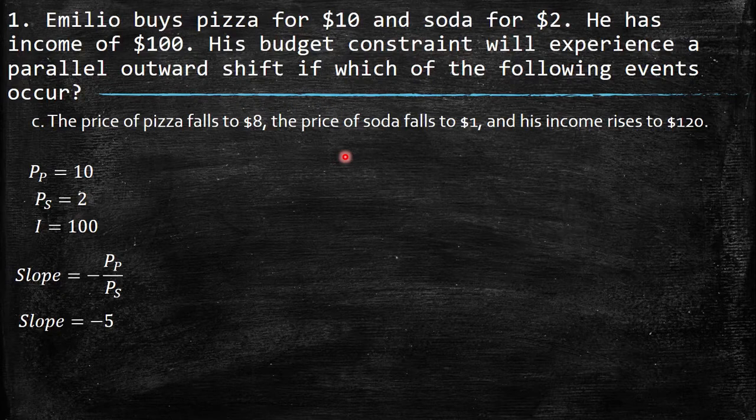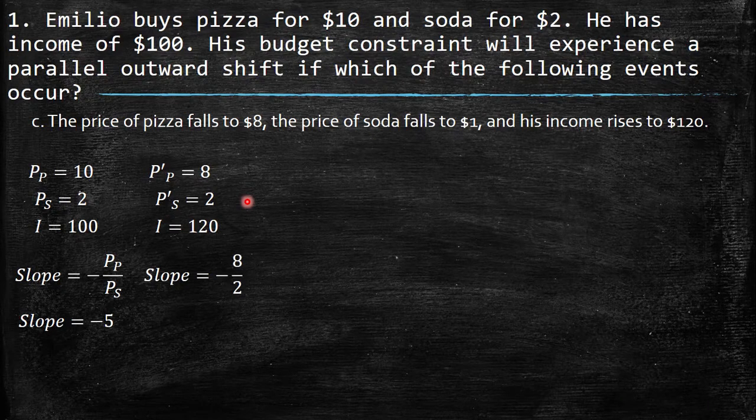The other one: the price of pizza falls to 8, the price of soda falls to 1, and his income rises to 120. Then the price of pizza is equal to 8, the price of soda is equal to 1, and the income should be 120. So here we have minus 4.